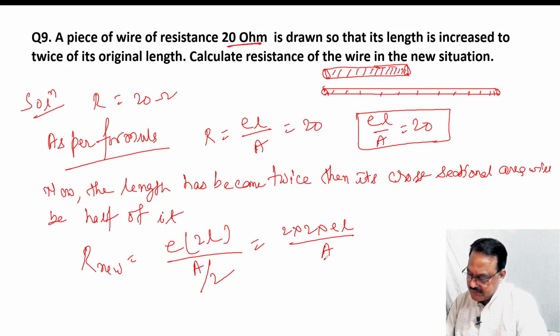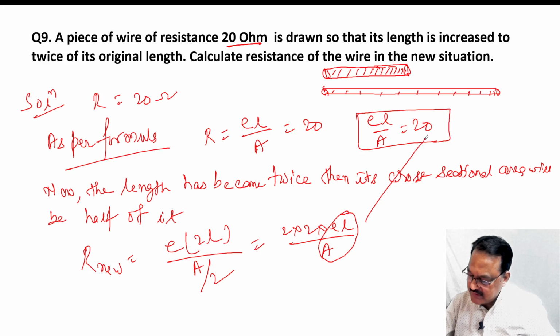Fine. See, the value of rho L by A is given here. We can see this value of rho L by A is 20. So we can write here 2 twos are 4, 4 into this 20.